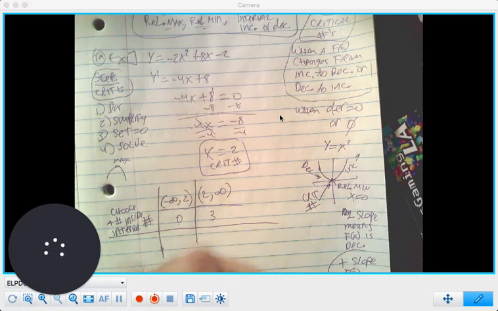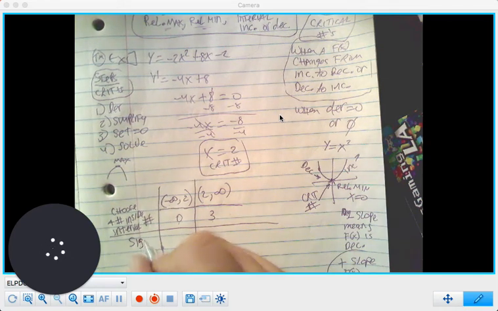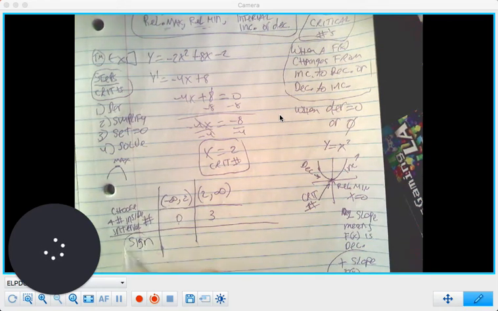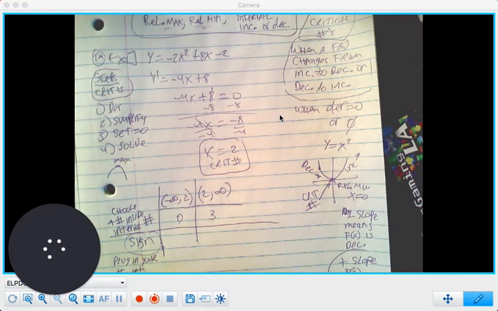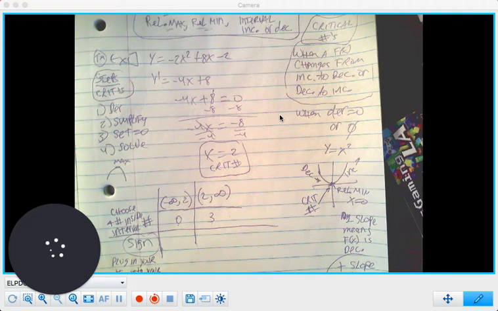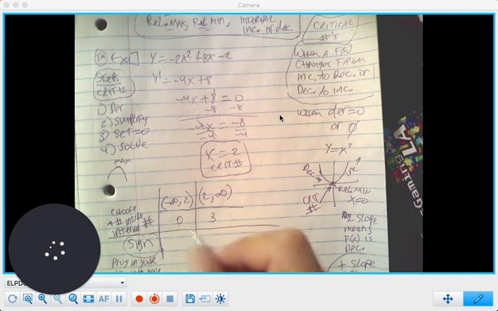Then we're looking for the sign. How do you find the sign? You plug your number into your derivative.